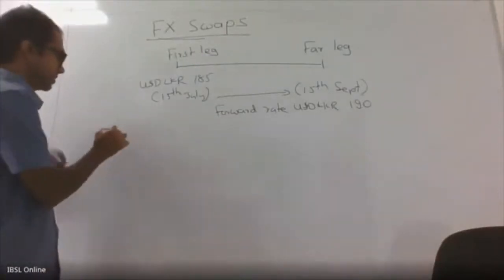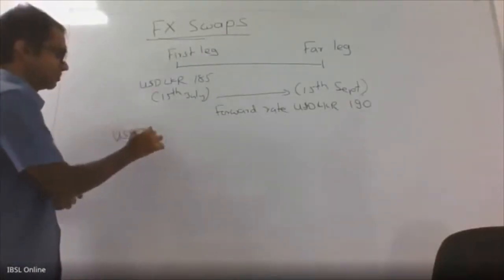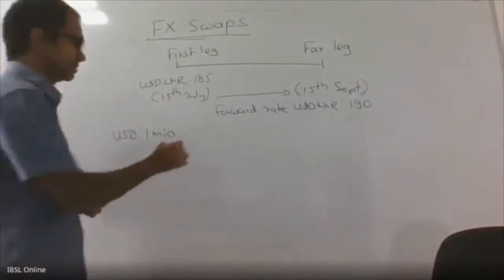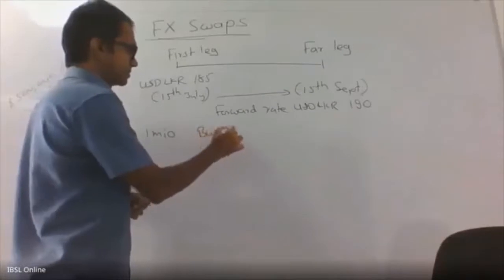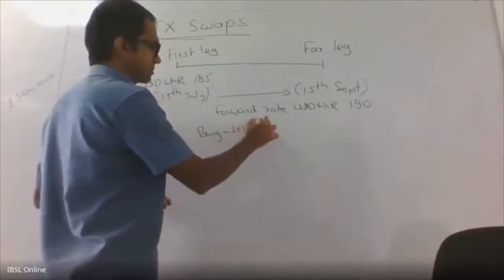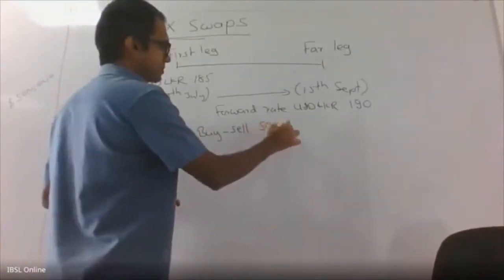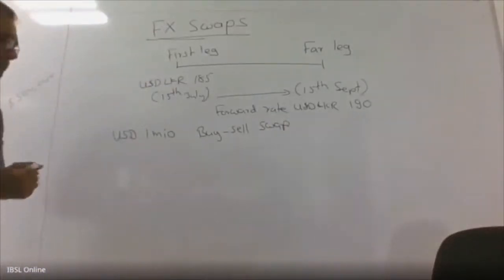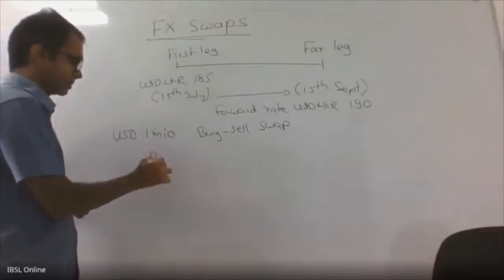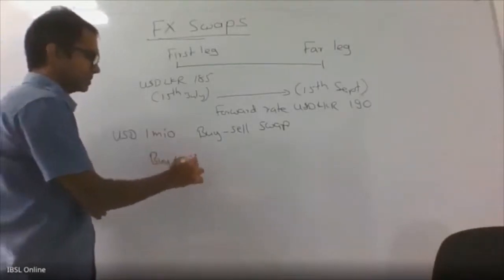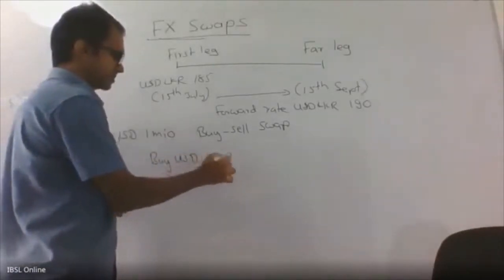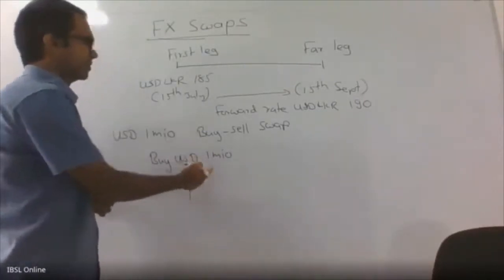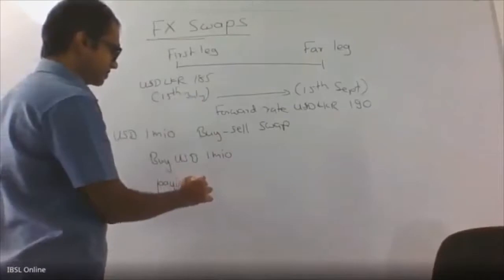To make it simple, consider $1 million. You want to do a buy sell. So what do you do? You buy USD 1 million, paying 1 million into 185 LKR.